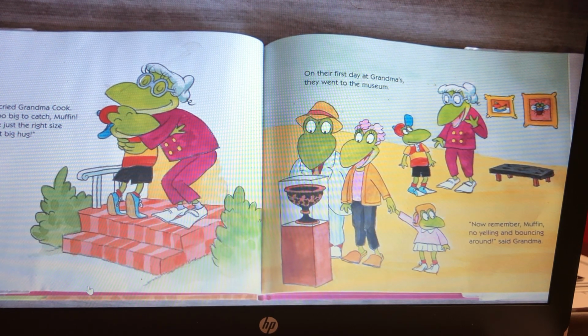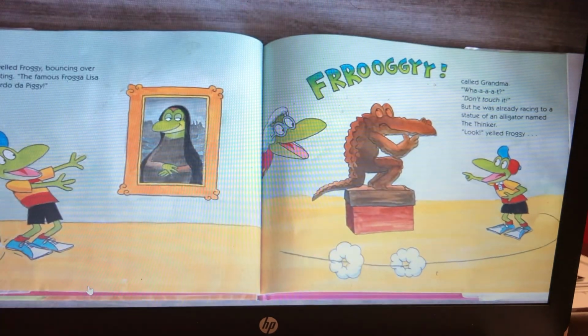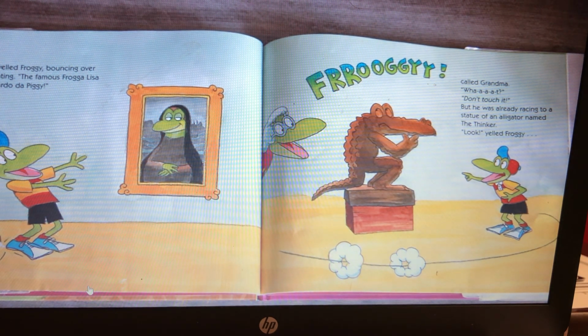On their first day at Grandma's, they went to the museum. Now remember, Muffin, no yelling and bouncing around, said Grandma. Look, yelled Froggy, bouncing over to a painting. The famous Frogalisa by Leonardo da Piggy. Froggy, called Grandma. What? Don't touch it.